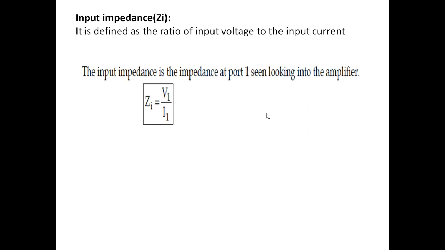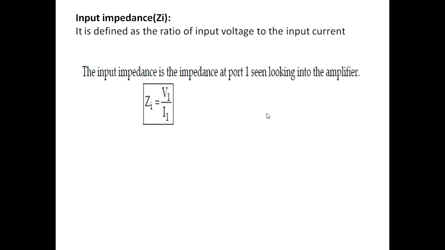Sometimes the voltage and currents may not be measured. In that case, we can look at the circuit through the input terminals. What resistances are there? The parallel combination of all the resistances gives the input resistance or input impedance. What is the difference between resistance and impedance?